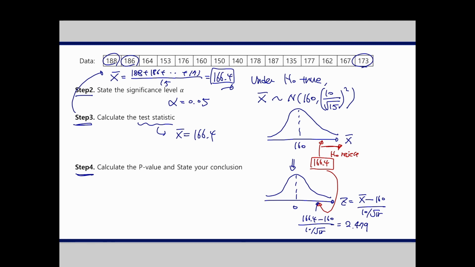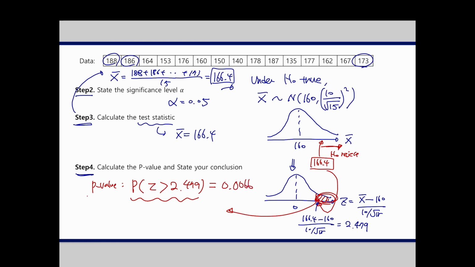Okay, so in step 4 we calculate the p-value. The p-value in the direction of rejecting the null hypothesis is like this. So the p-value is the probability of Z greater than 2.479, so this area is 0.0066.